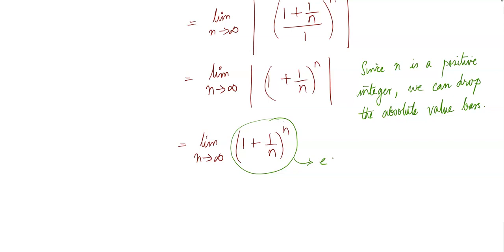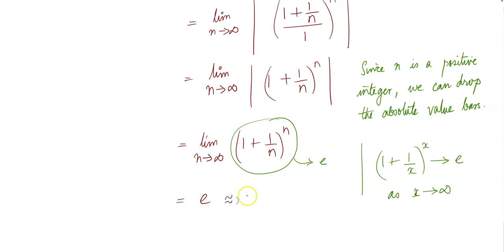Something we've learned in algebra when we spoke about the natural base e. This is what we learned, 1 plus 1 over x, to the power x, approaches e as x approaches infinity. This is the definition of e. And so when you apply the limit, we see that this will be equal to e.